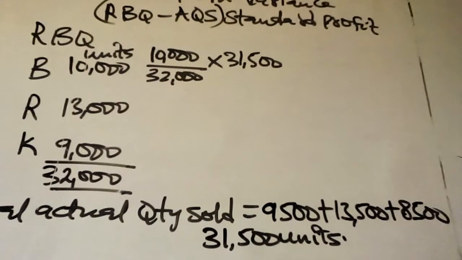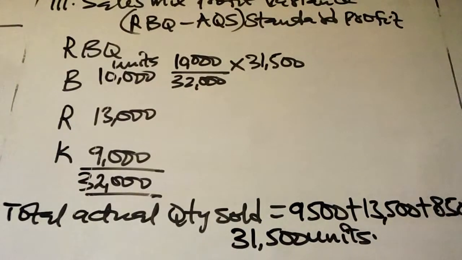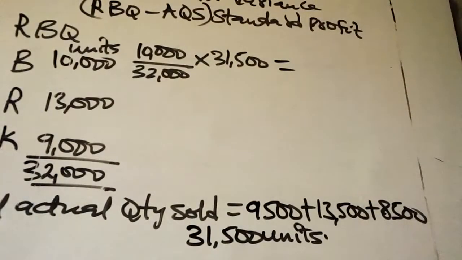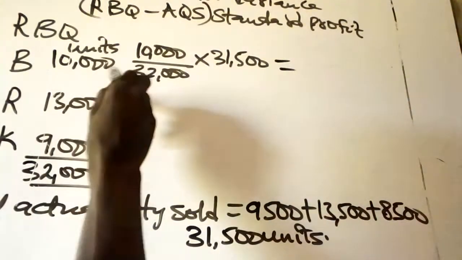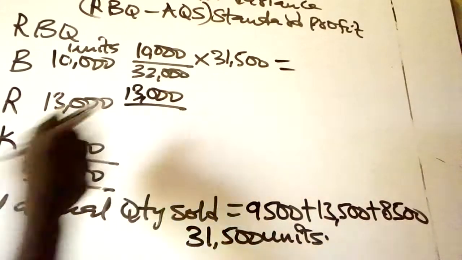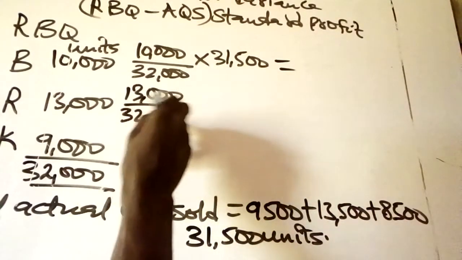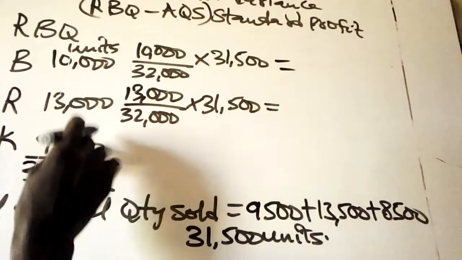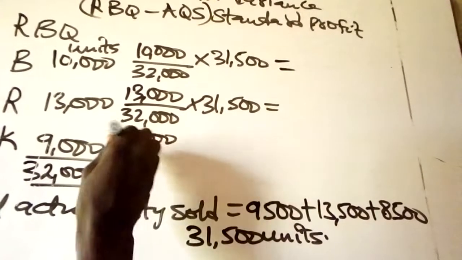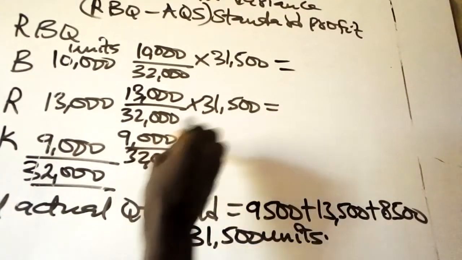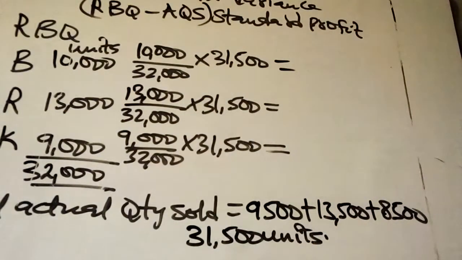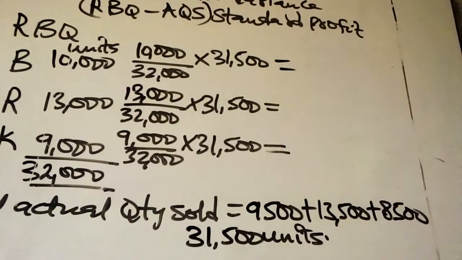Then 13,000 out of 32,000 times 31,500. And 9,000 out of 32,000 times 31,500.